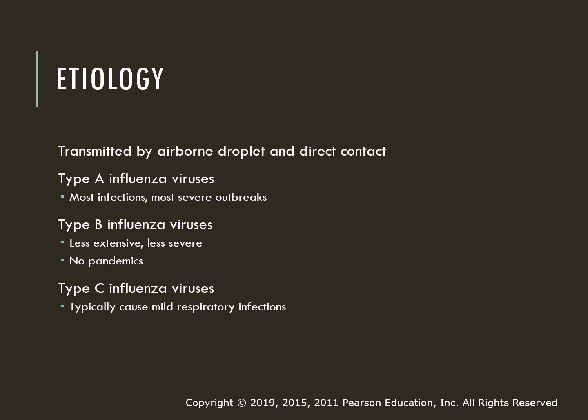Type B influenza viruses are commonly found among humans and are often responsible for influenza outbreaks but not pandemics. Type C influenza viruses are found in humans, pigs, and dogs, and typically cause mild respiratory infections. So you have type A, type B, and type C.